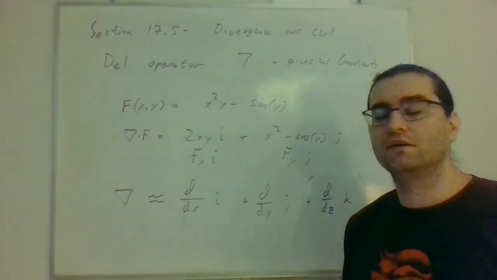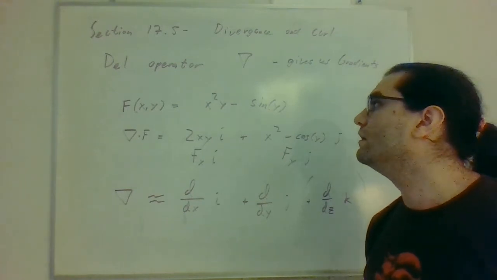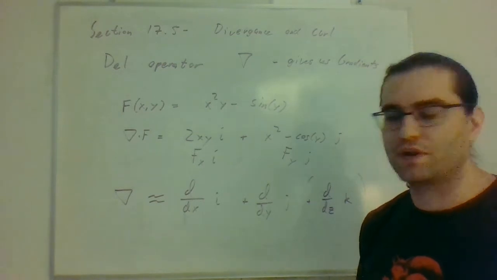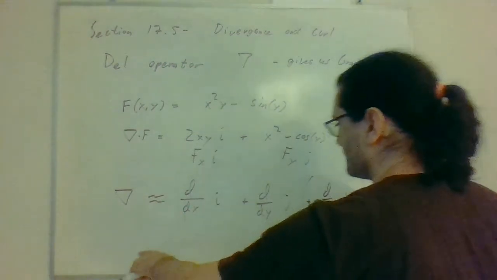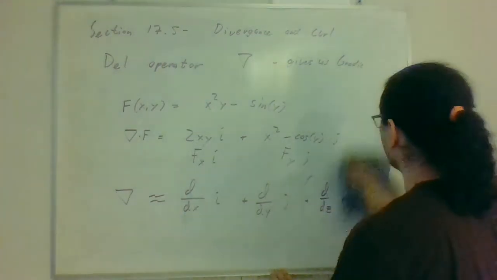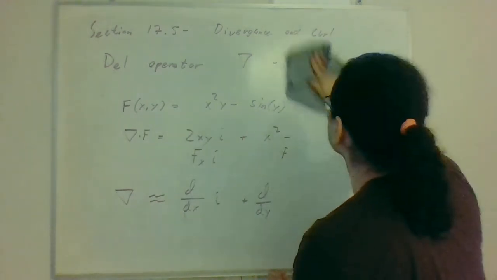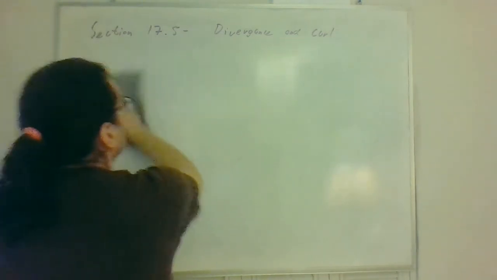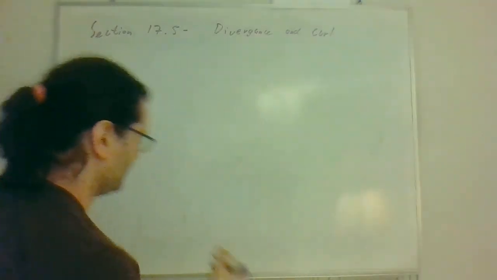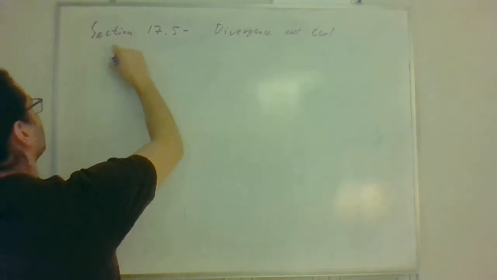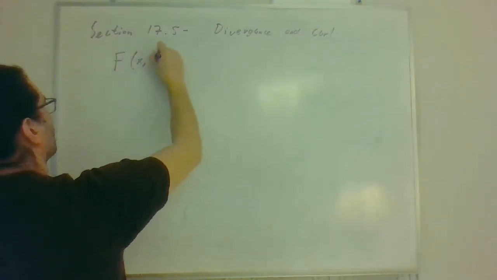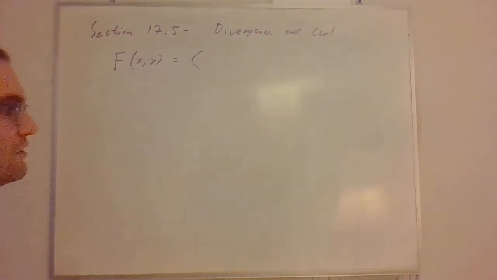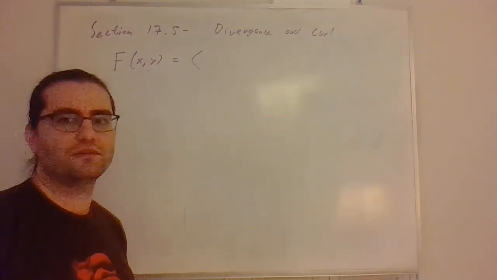So let's make up a vector field, and then we'll see what happens when we take the divergence of it and take the curl of it and what those things look like. Okay, let's do F of x, y, z. This is the vector field version now. Let's go straight to 3 dimensions.